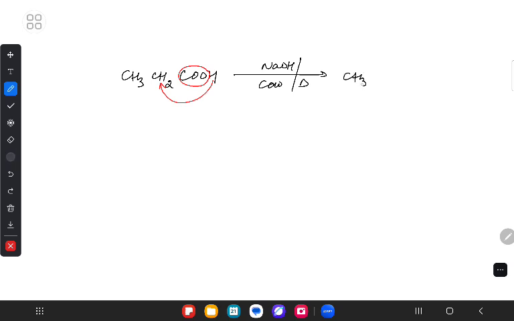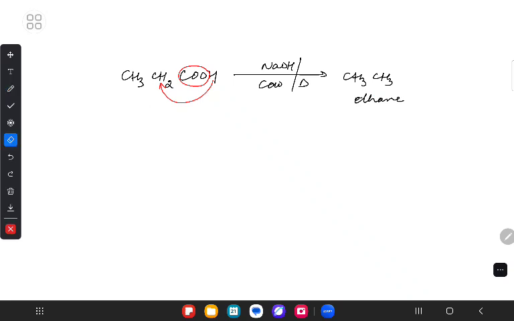All you have to do is add NaOH and CaO and heat. So you remove CO2 and you put H here. So you're going to have ethane.